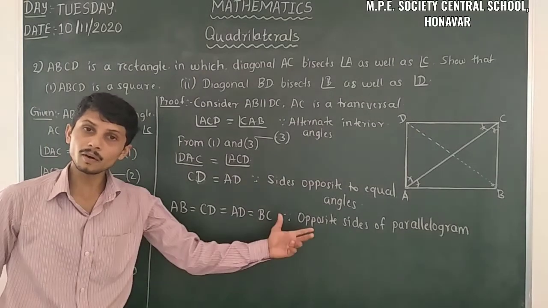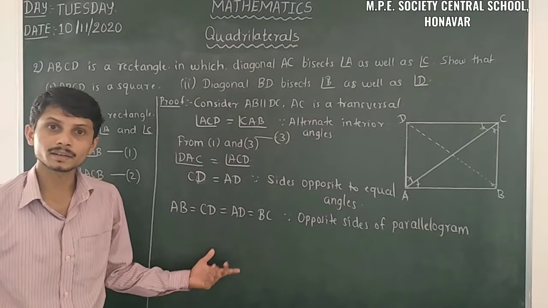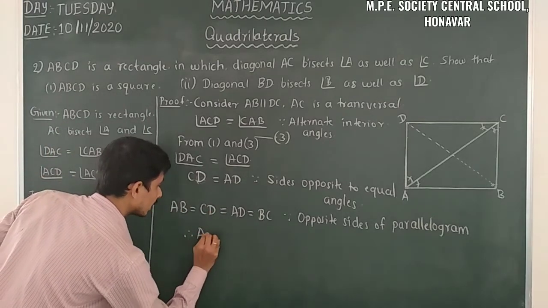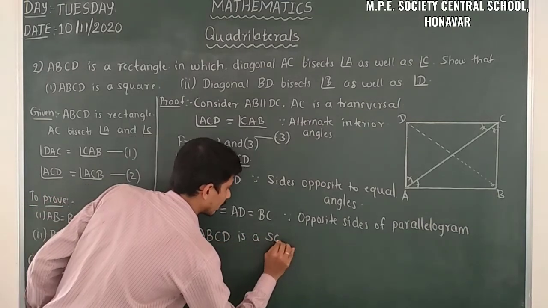So when all the sides are equal in a rectangle, that rectangle converts into a square. Therefore, ABCD is a square.